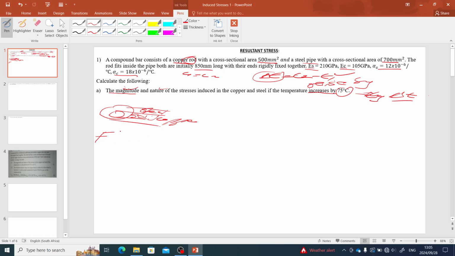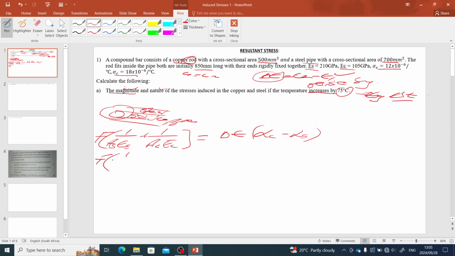This is the formula: F times the bracket of 1 over area of steel, Young modulus of steel, plus 1 over area of copper, Young modulus of copper, close bracket, equals the change in temperature times the coefficient of copper minus the coefficient of steel. This is the formula for parallel connection, and this force is a common force for both materials. That is the force we'll be using to calculate the stresses, okay?